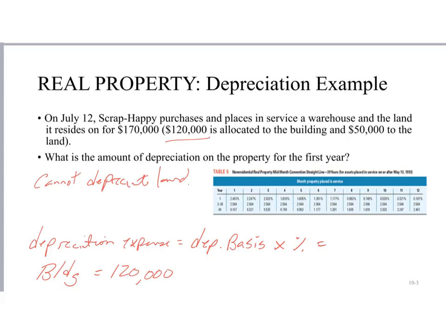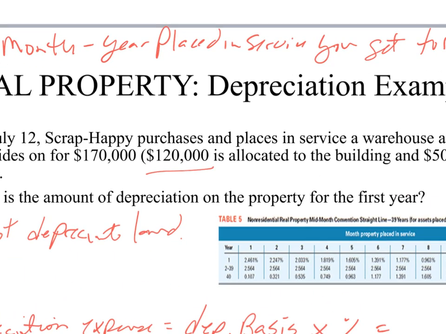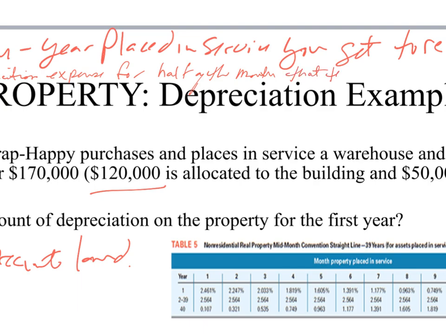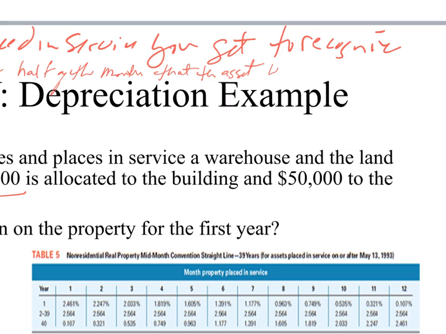So what does that mean? That means that for the year that you place this thing in service, mid-month means you get to recognize depreciation expense for half of the month that the asset was placed in service.